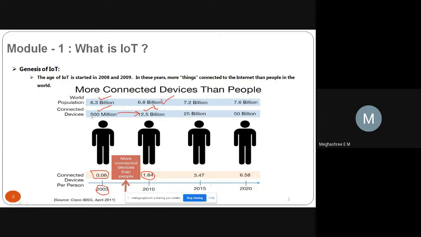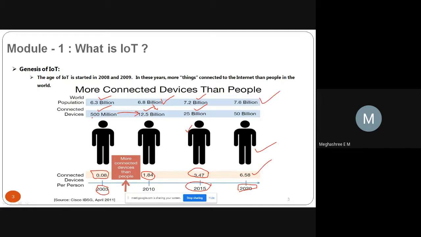Let's consider 2015, where for each person the connected devices were 3.47. The population was 7.2 billion, whereas connected devices were 25 billion. If I consider 2020, for each person the connected devices were 6.58.